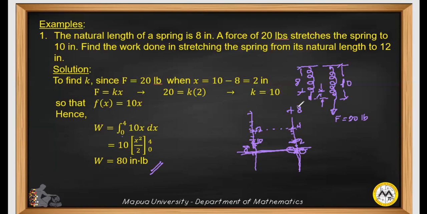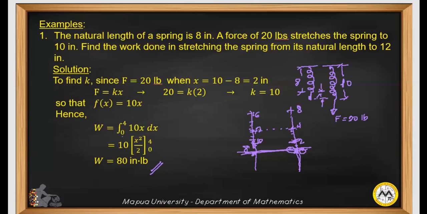So from 0 to 8, limits of integration will be from 0 to 8. So you have to consider the equivalent dimensions here to get the limits of integration. Take note that the natural length will be equivalently 0. So just take the limits of integration in here.